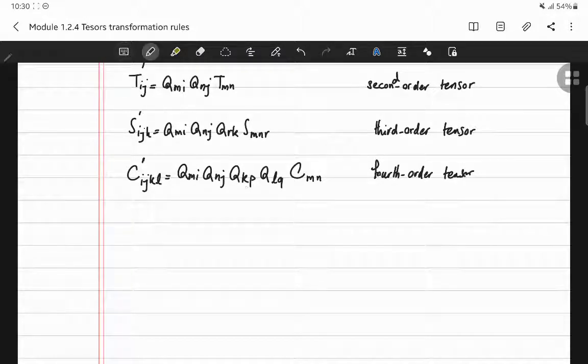Oh, sorry, I think that I made a mistake here. So this is Q_nj, this is Q_pk, and this is Q_ql. So this becomes C_mnpq. So these are the transformation laws, and you can easily expand them to higher order tensors.